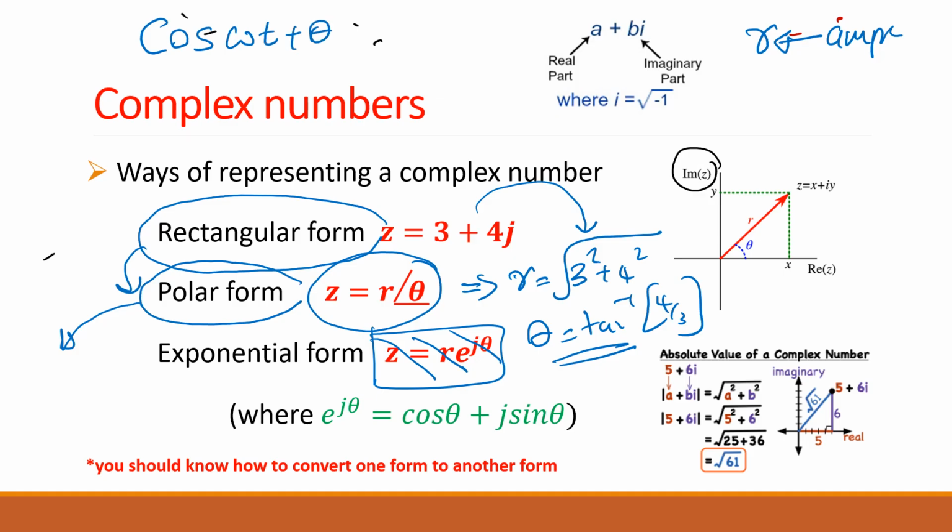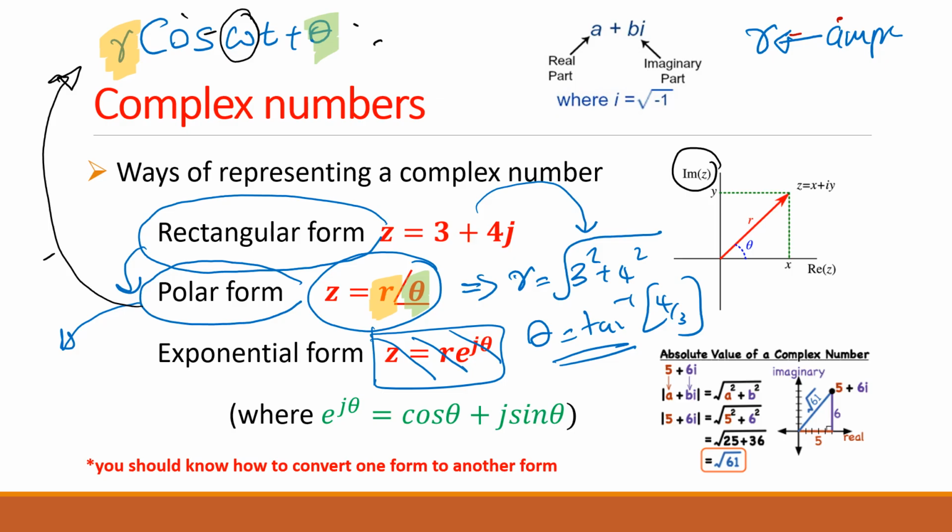After you convert a complex number to polar form, you can convert it to a cosine signal, where R will be your amplitude and your phase will be this theta. Omega we have to find using another method, or else it should be given to us. So apart from the omega, you can convert the polar form to a cosine signal. Make sense?